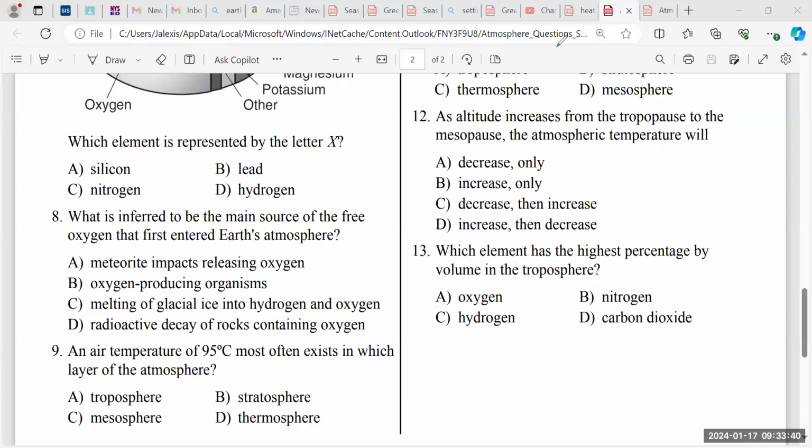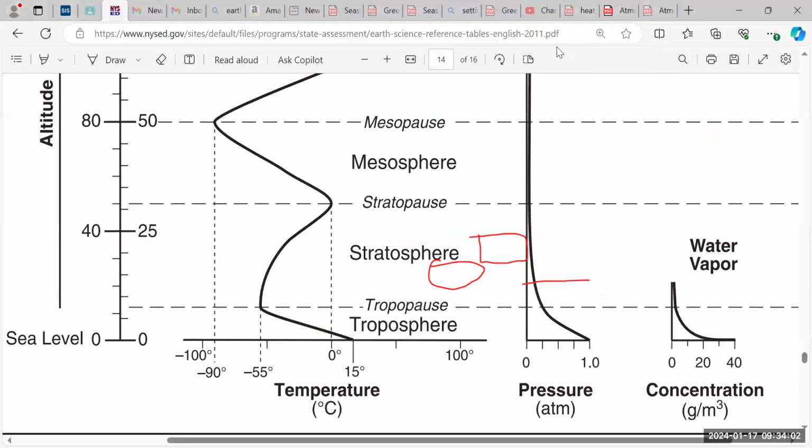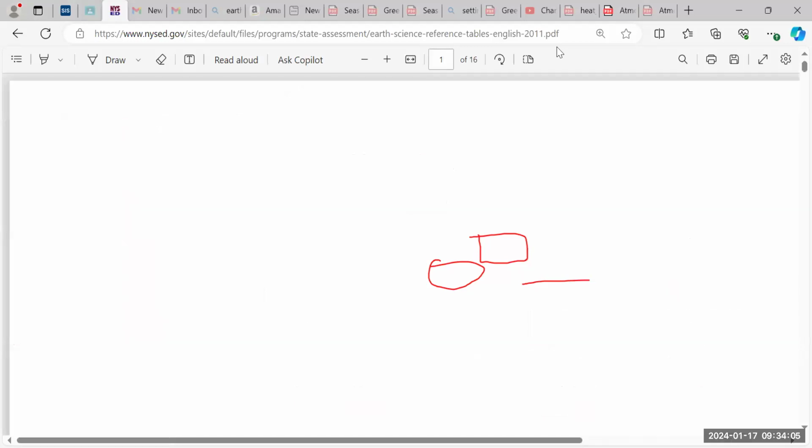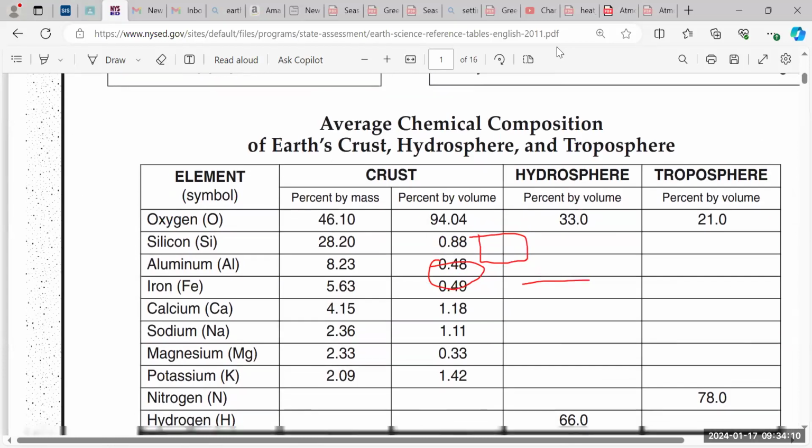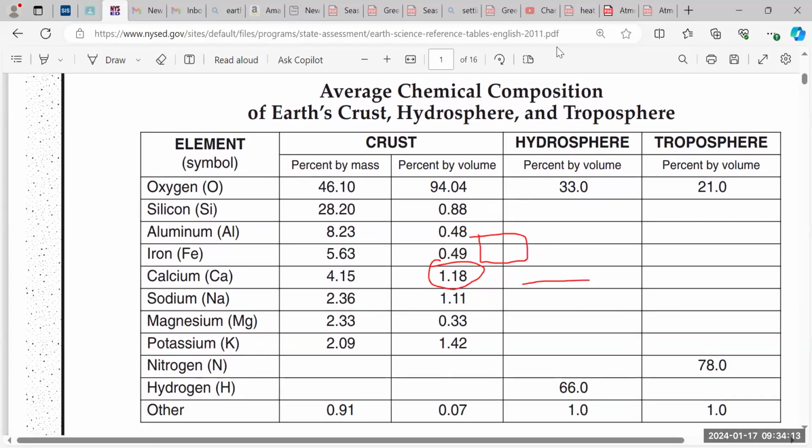And number 13 says, which element has the highest percentage by volume in the troposphere? When I'm looking for the element, I see the keywords, which element has the highest percentage by volume in the troposphere. I'm taking a look at page 1, because page 1 is going to talk to me about the troposphere, which is right here, and the elements in the troposphere.